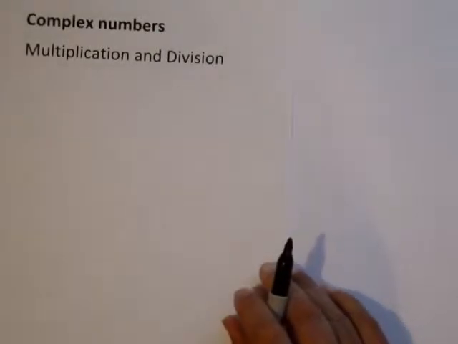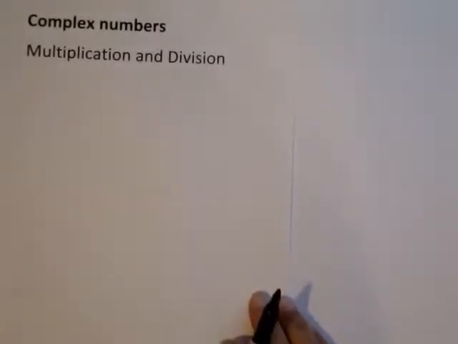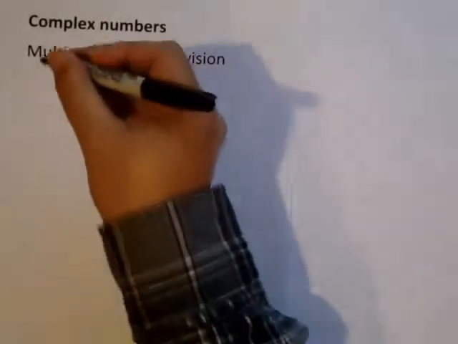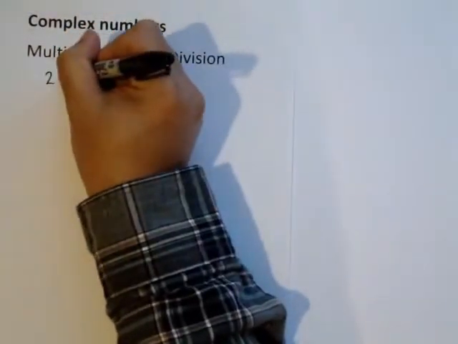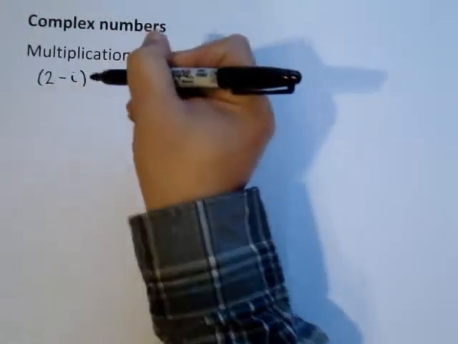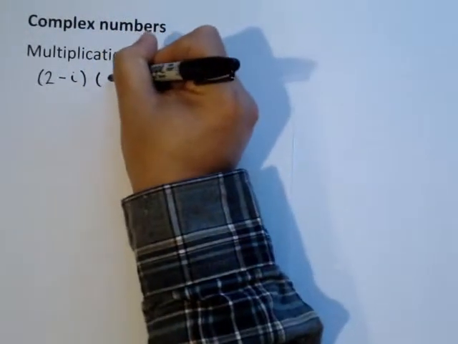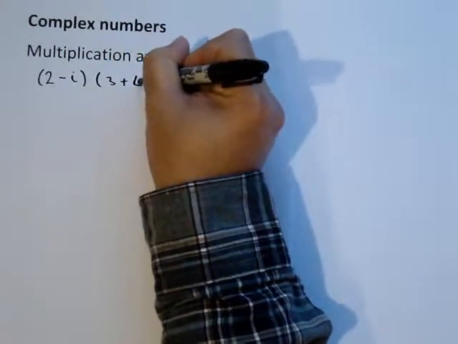When multiplying complex numbers, we FOIL the brackets and then we add or subtract as we did previously. So if we have 2 minus i multiplied by 3 plus 4i.